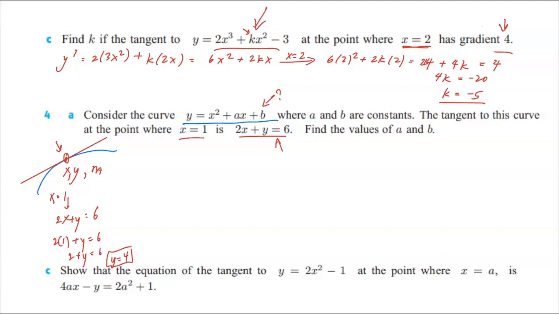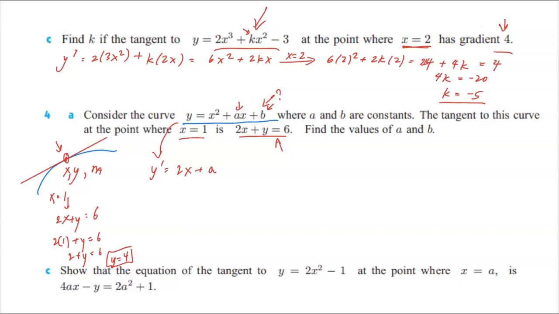What else do we know? We know that the slope for both are the same at that point. Now, the slope for the blue curve is kind of unknown because we don't know what a and b are, but we could find an expression for the slope. Wouldn't it be the derivative? 2x plus a, right?